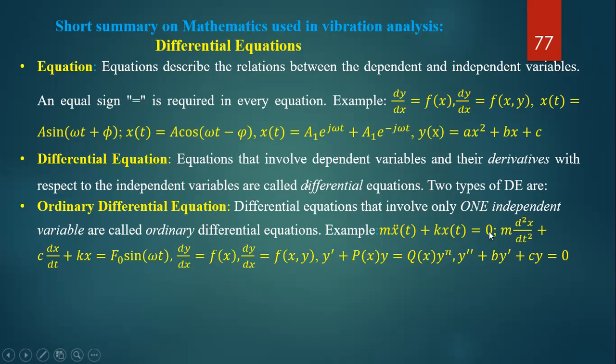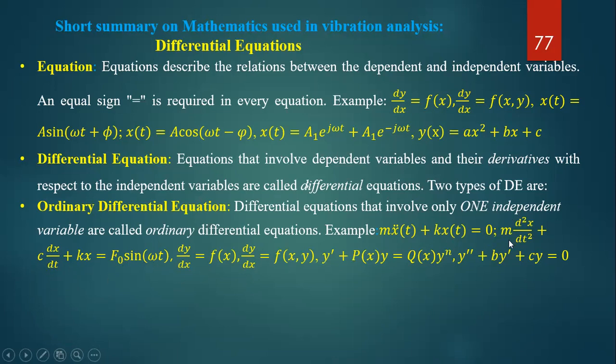Again, we can represent it in this form: m d squared x over dt squared. The representations are actually the same. This representation represents this one, plus c dx dt plus kx is equal to, which is for forced vibration.